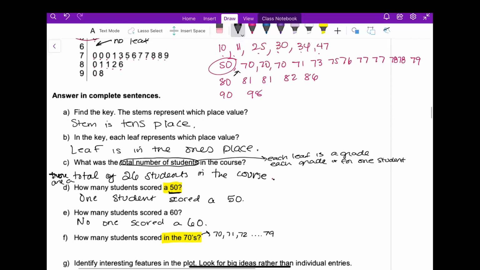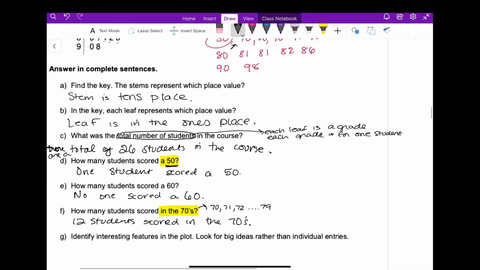So here, I'm looking at all of this, right? How many students was this? This was 1, 2, 3, 4, 5, 6, 7, 8, 9, 10, 11, 12. 12 students scored in the 70s. Beautiful questions, y'all.